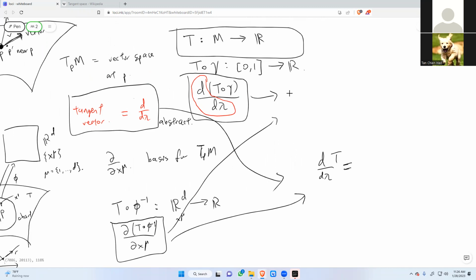We can consider a map that maps from R^d to R. I'm trying to make the multivariate calculus part rigorous.